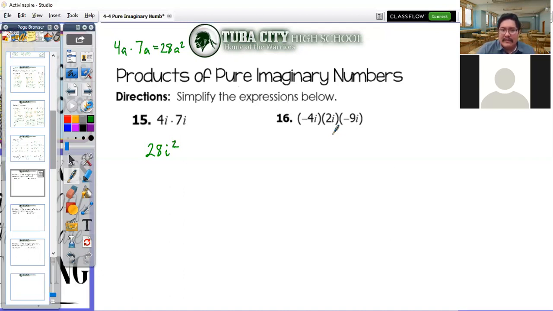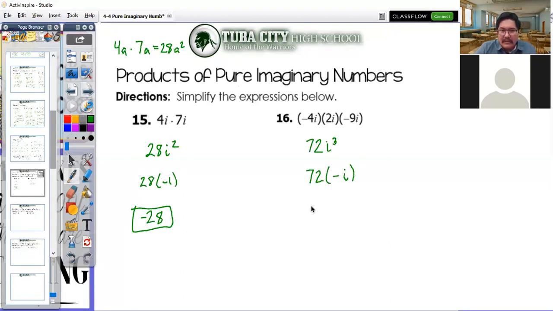And the network went out again. Yeah, but it would be negative 72i. All right, sorry.